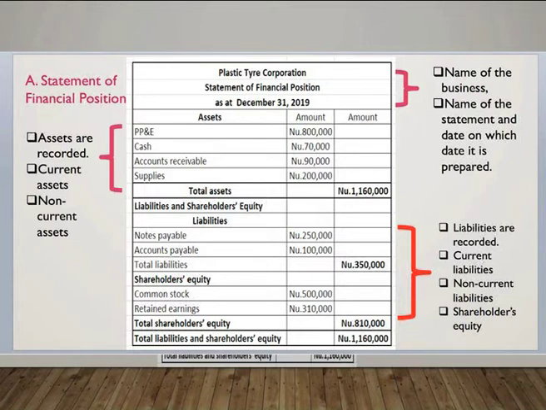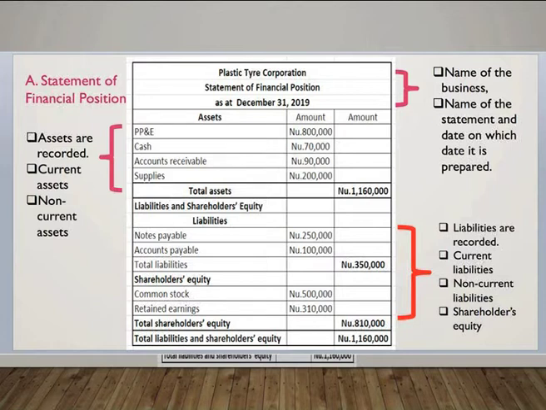In the statement of financial position, we prepare by first recording assets. Assets are again categorized into current assets and non-current assets. Likewise, then we record liabilities. Liabilities are similarly categorized into current liabilities and non-current liabilities.